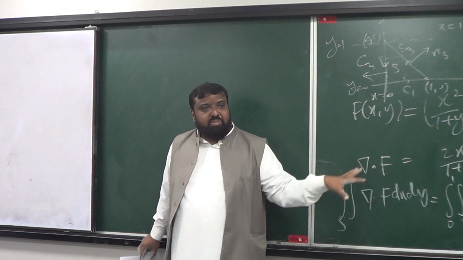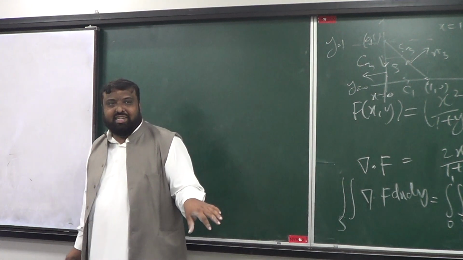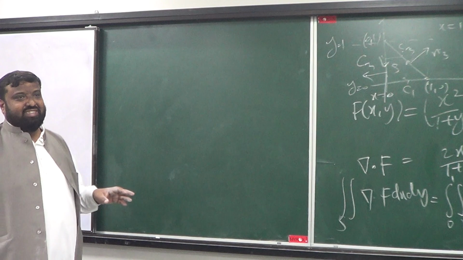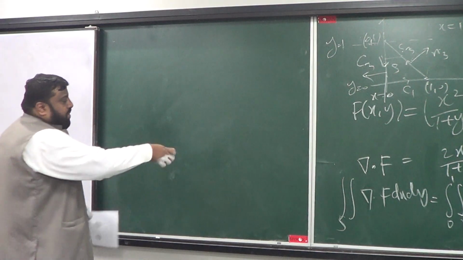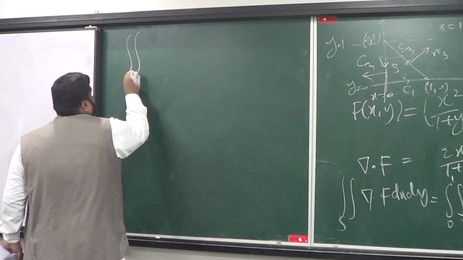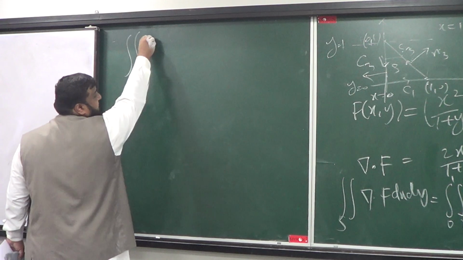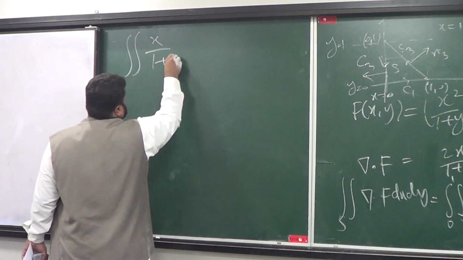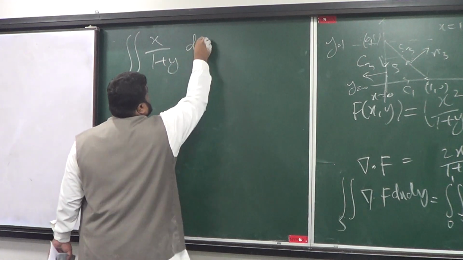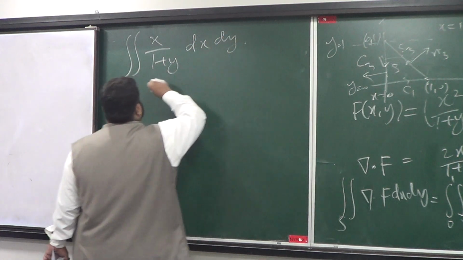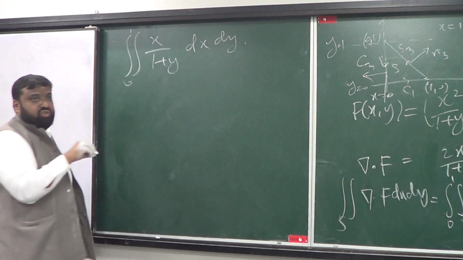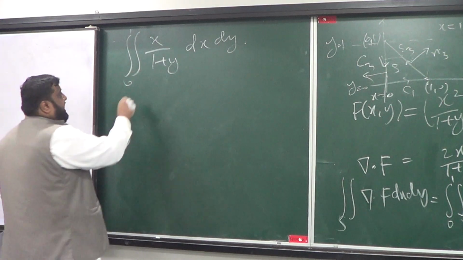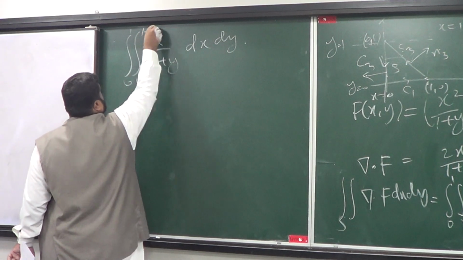Quite often people get really stuck on how to change the limits. For example, in this example we had x over 1 plus y, with dx dy. On y I had the limit 0 to 1, and on x I have the limit 0 to 1 minus y.